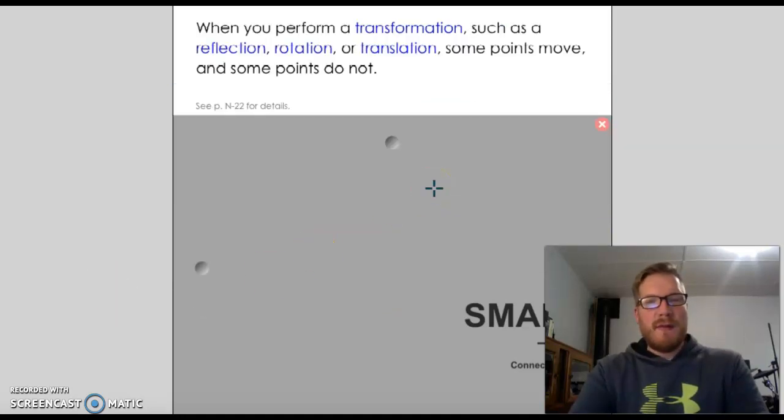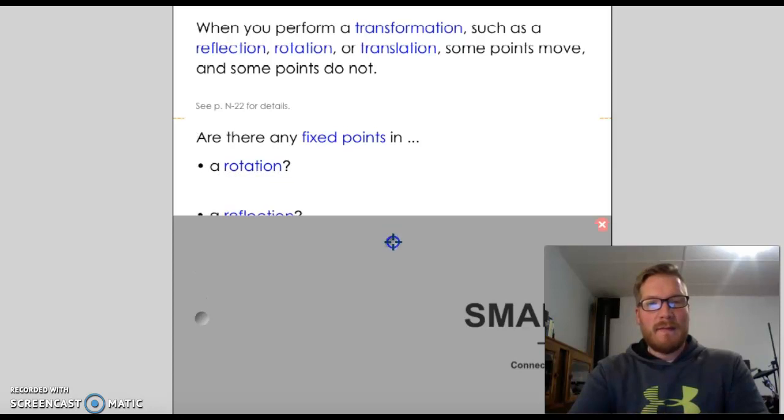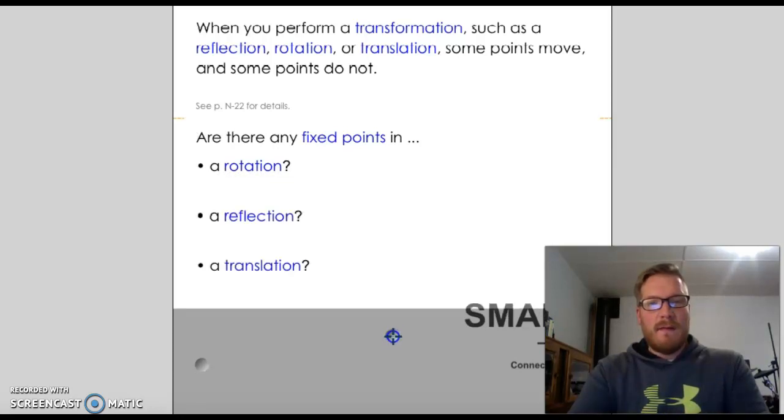When you perform a transformation such as a reflection, a rotation, or a translation, some points move and some points do not. So then some things to consider. Are there any fixed points in a rotation? Possibly, depending on what is being rotated and around what point it's being rotated. Are there fixed points in a reflection?